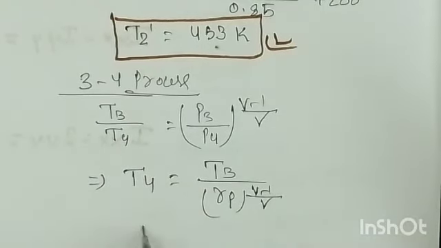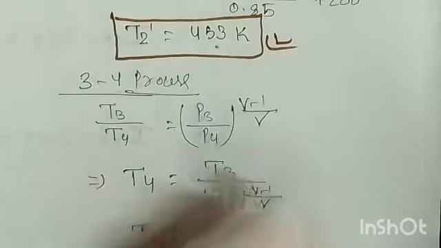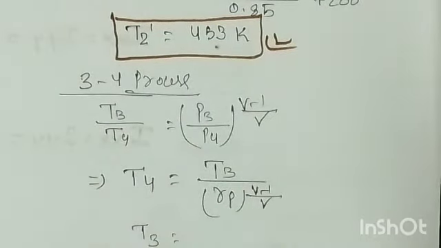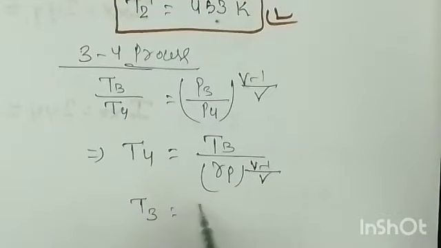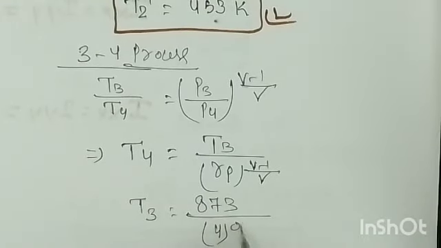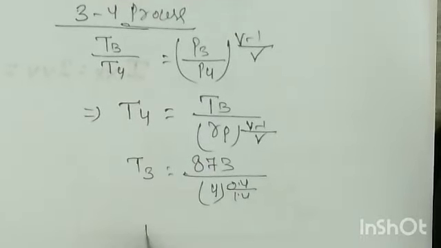Substituting all the values, T3 is the maximum cycle temperature given in the question, 600 degrees centigrade. In Kelvin that is 873, divided by Rp, which is 4, to the power of 0.4 by 1.4, since gamma minus 1 means 1.4 minus 1. So T3 we got.